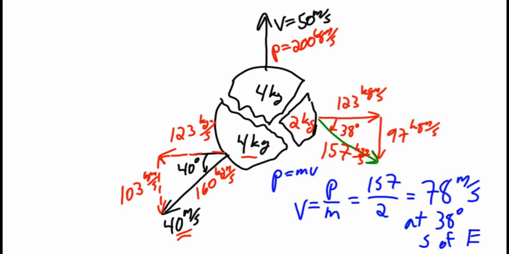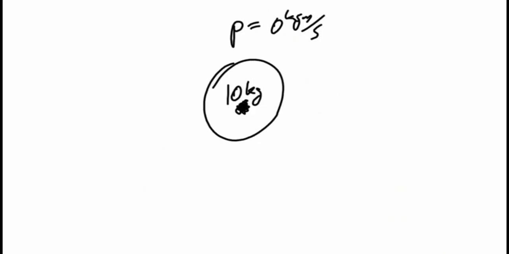Excellent. And so while this is a two-dimensional problem, which makes it kind of tricky, please realize it's kind of an easier two-dimensional problem. And the reason is the initial object wasn't moving. And so that made things real simple in the fact that all the momentums had to cancel, and that kept it clean. If this original object had also been moving, that would have made the whole problem more difficult.